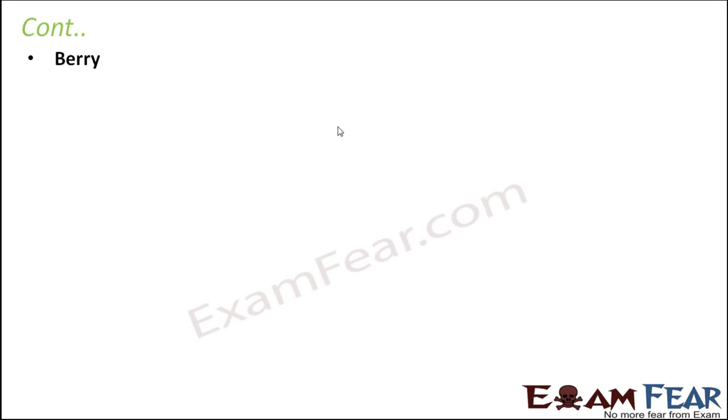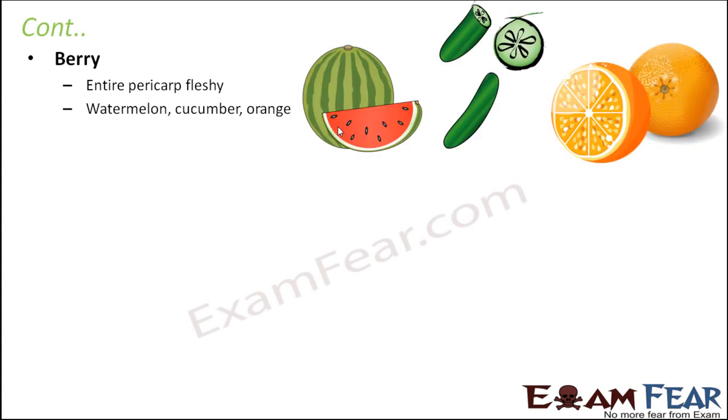Now let us talk about each of them. Berry. In case of berry, the entire pericarp is fleshy. For example, watermelon, cucumber, orange, these are all examples of berry. So they all fall under the category of berry. So the entire pericarp is fleshy. The next is pome, where it is not the fruit but the fleshy thalamus that is edible.